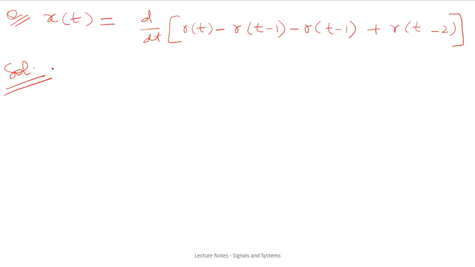This is the next problem. Now again we just have to proceed in a similar manner to the way we solved the previous problem. So you can just break it in parts.